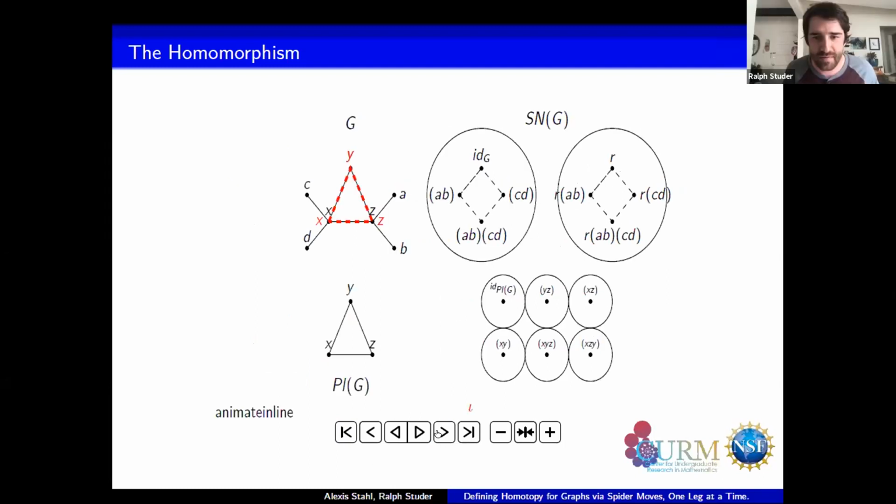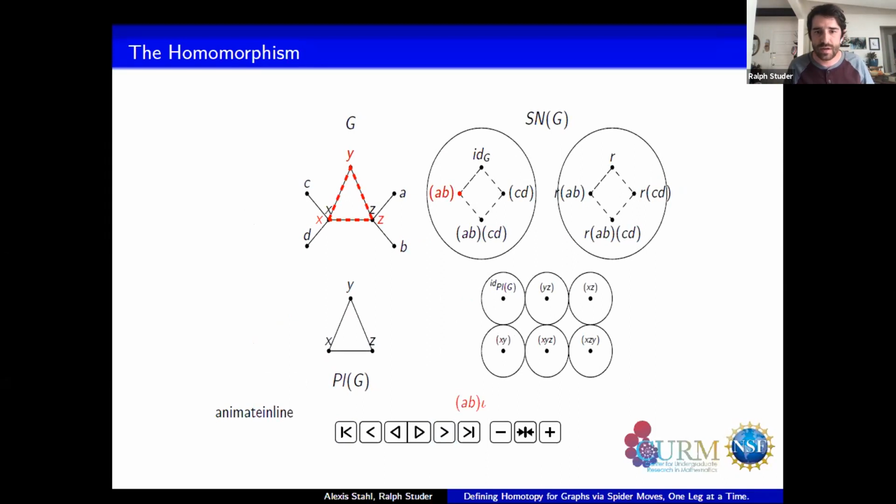Okay. Sorry about that. There we have iota sending the image of pleat G back into G. And then composed with AB.